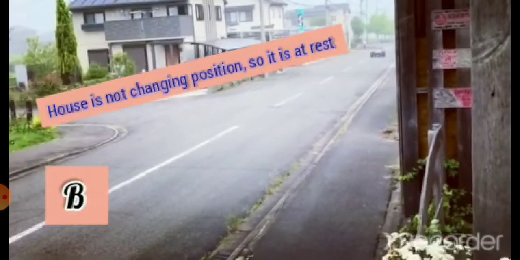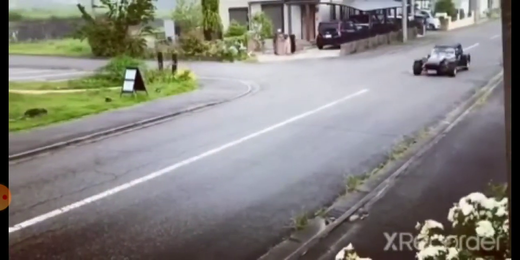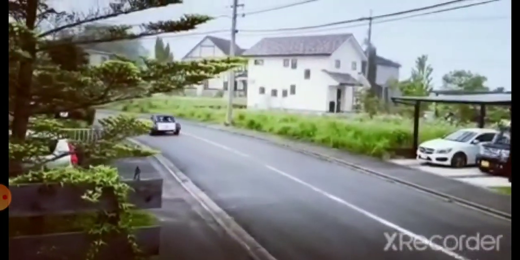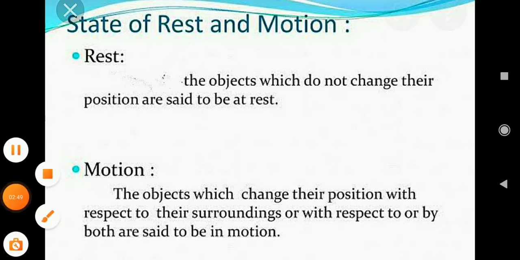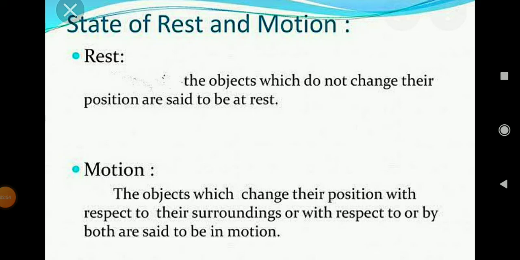So the house is not changing position, so it is at rest, and the car is changing position from A to B, so it is moving, it is not at rest. So we can understand that rest means the objects which do not change their position are said to be at rest, and motion means the objects which change their position with respect to their surrounding or with respect to both are said to be in motion.